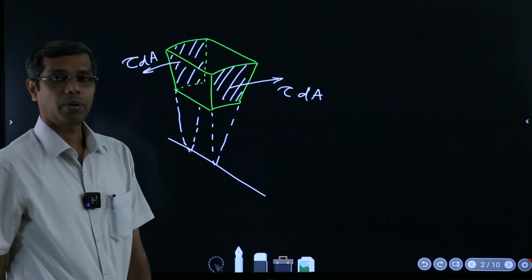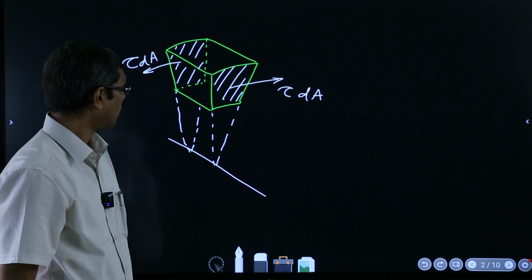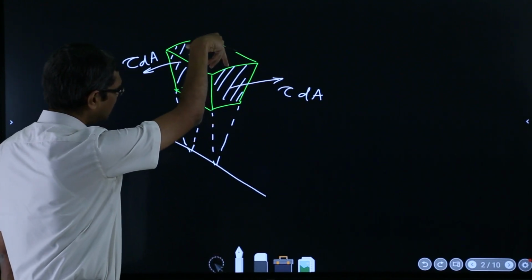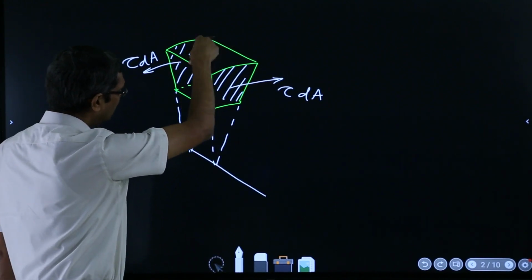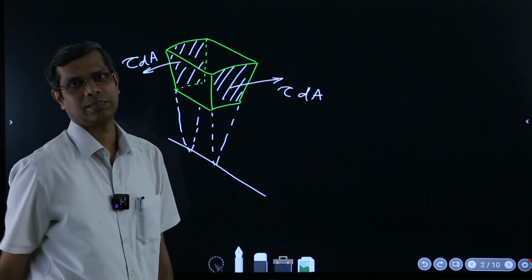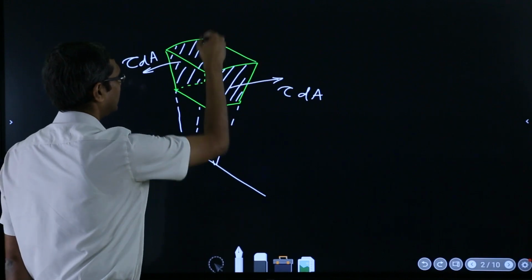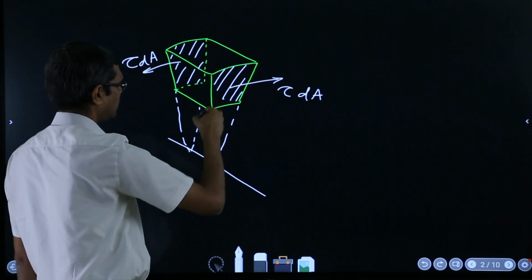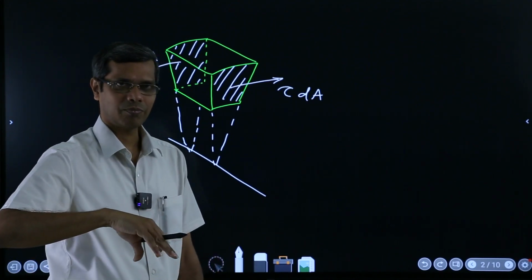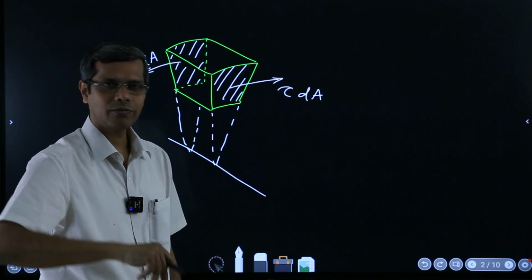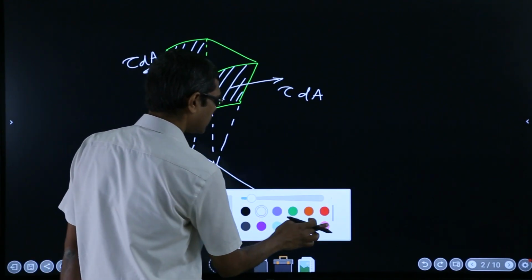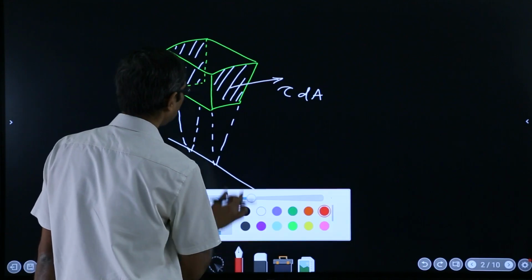Along with that, otherwise this cannot be in balance. These two shear stresses will try to rotate this block about a line which passes through this surface. So to keep this in balance, we will have equal and opposite torques which will act on these surfaces.